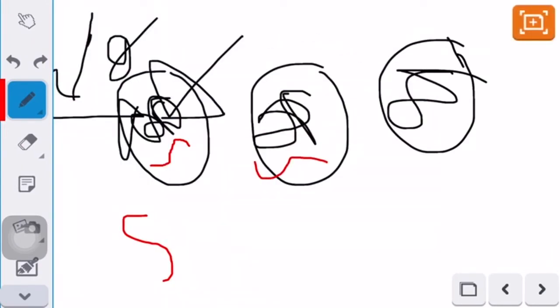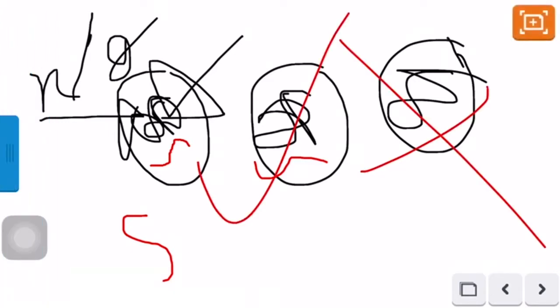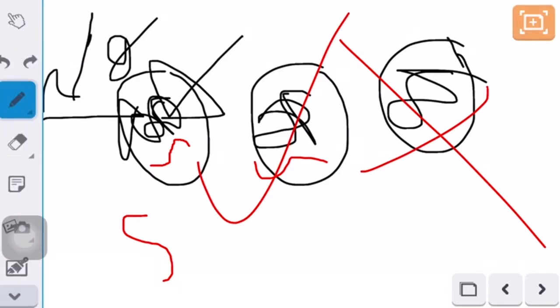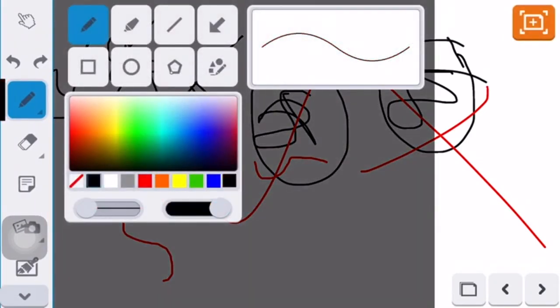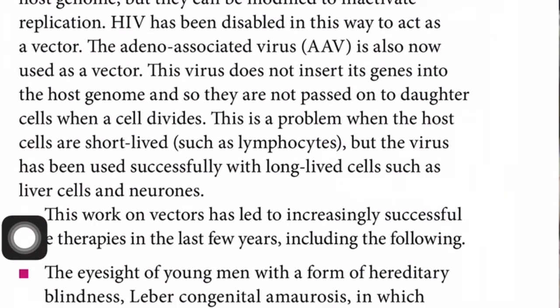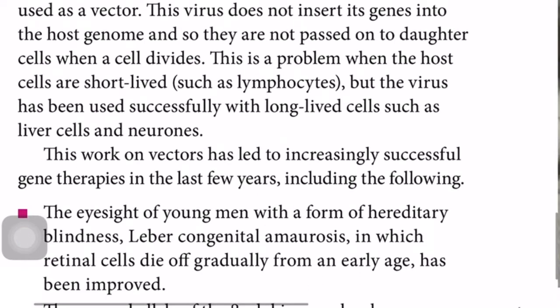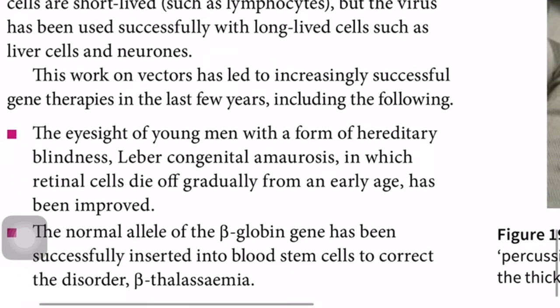It only stays in the parent cells, and since they are genes, they do not live forever. They cannot produce the product forever, so they need continuous insertion of the genes into many cells so that they can produce the product. So that's a problem. But for long-lived cells, it could work because those cells live for a long time.